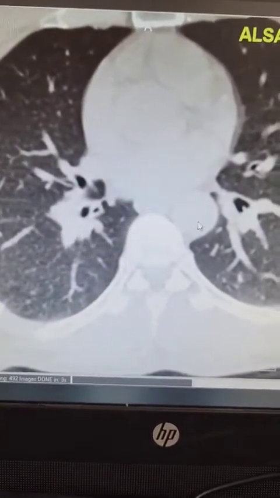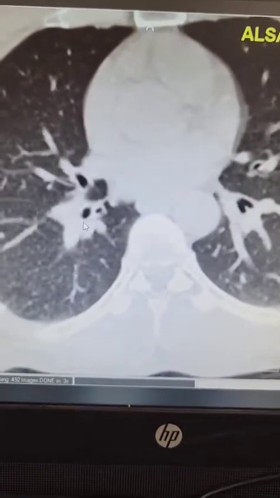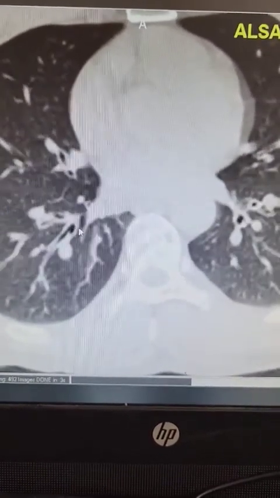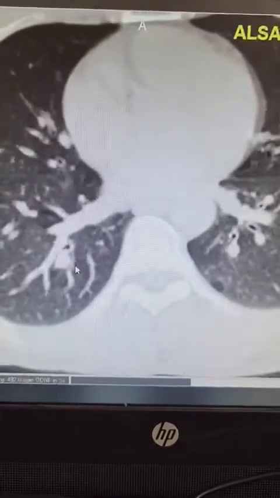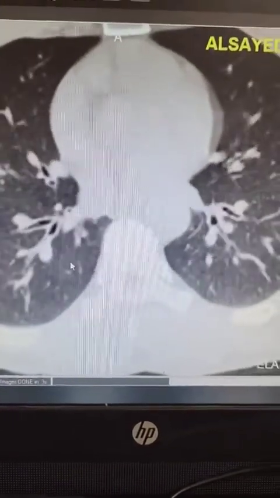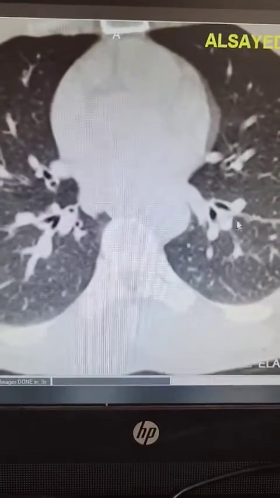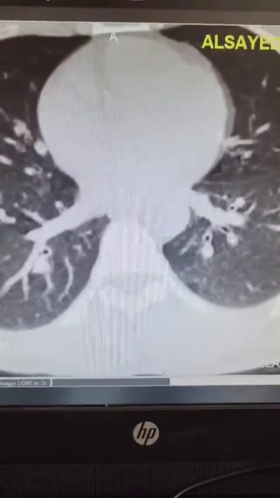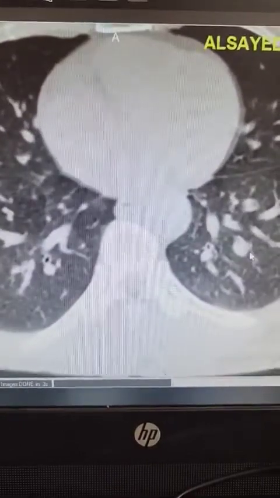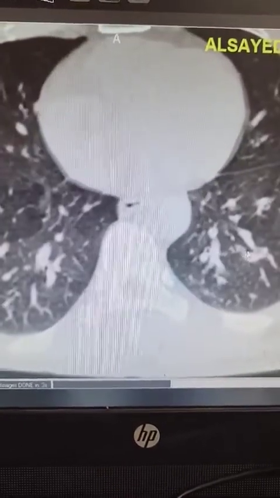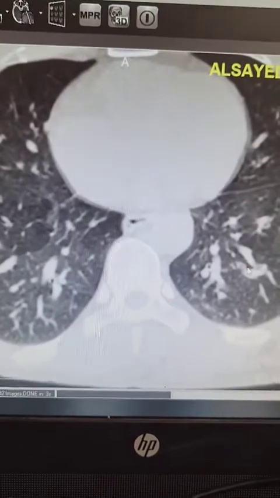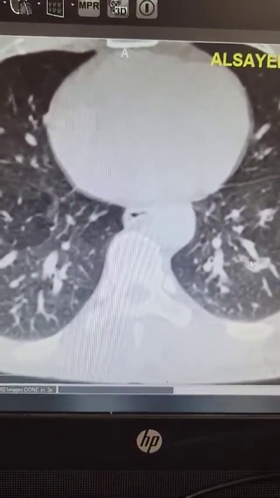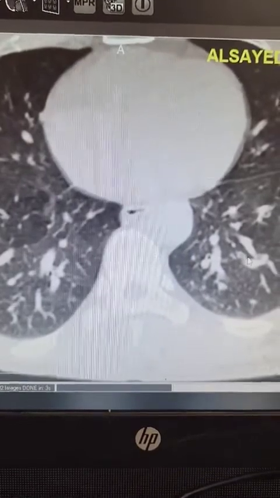There is no equivalent segment on the left, but we'll find the anterior segment, and the lateral and posterior segments of the right lower lobe. On the left, we'll find the anterior segment, the posterior segment, and the lateral segment of the left lower lobe. Now we have finished the normal anatomy of the bronchial tree of the lung.